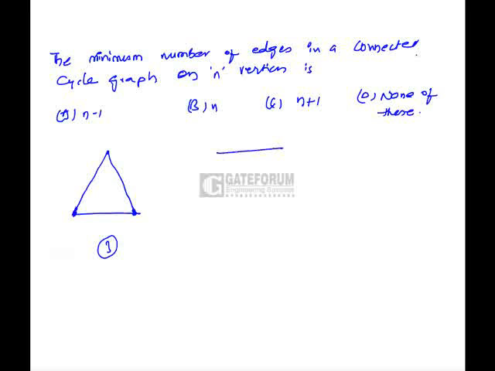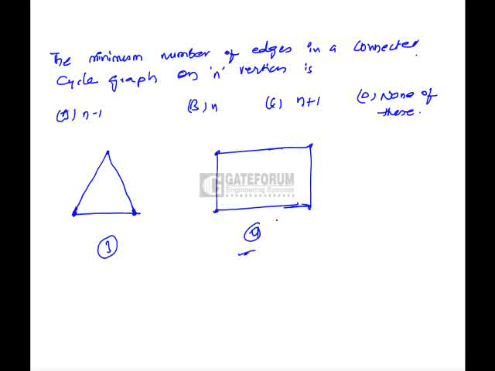So let us take a cycle graph with 4 vertices. Here also we need all the 4 edges in order for the graph to be a cycle. So here the minimum number of edges would be 4.